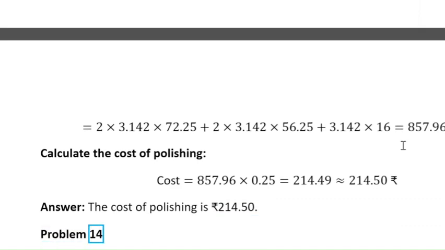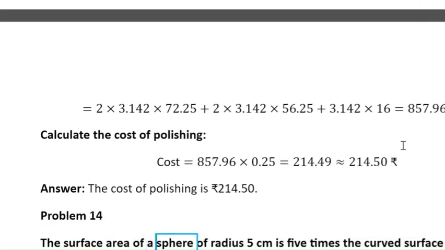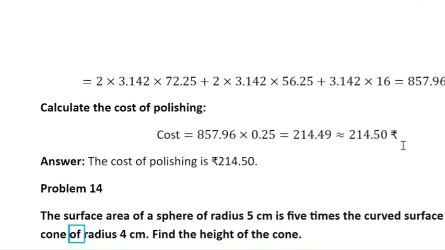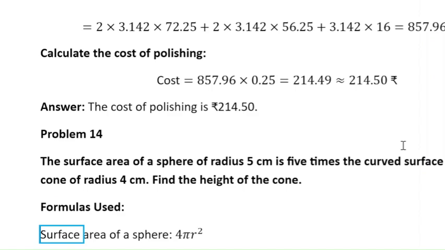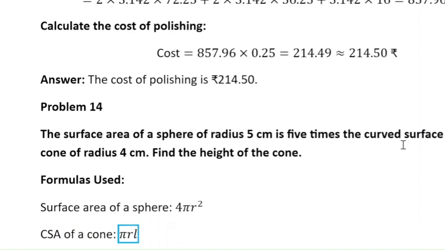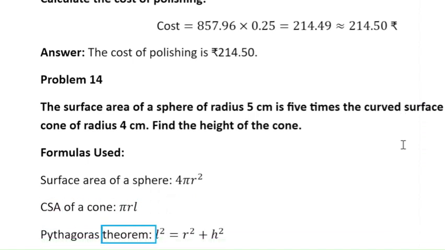Problem 14. The surface area of a sphere of radius 5 cm is 5 times the curved surface area of a cone of radius 4 cm. Find the height of the cone. Formulas used: surface area of a sphere 4 pi r squared; CSA of a cone pi r L; Pythagoras theorem L squared equals r squared plus h squared.